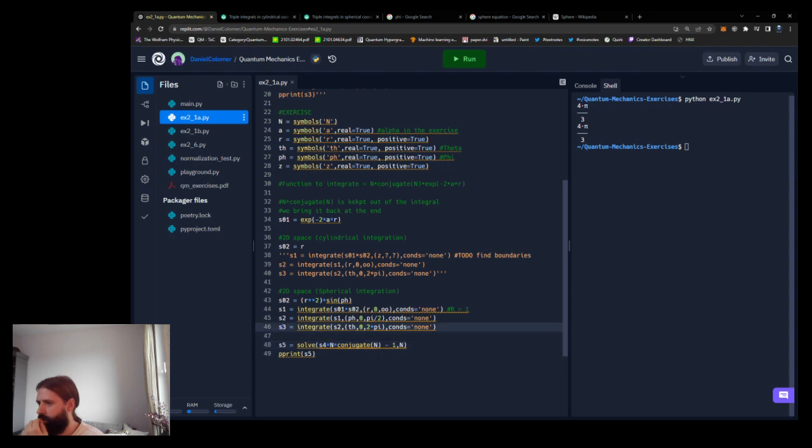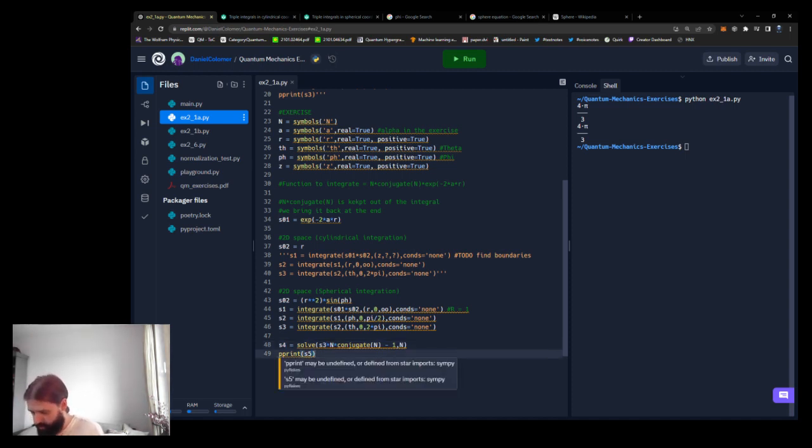And so we have S3, right? And then we do S3 times this, and we solve for n, and so we print S4.